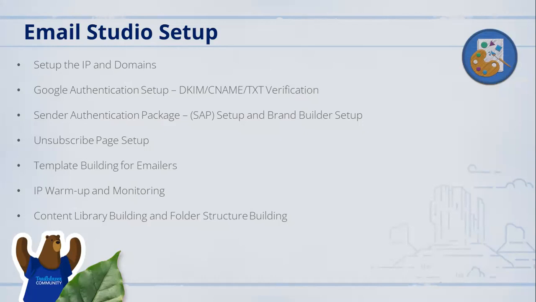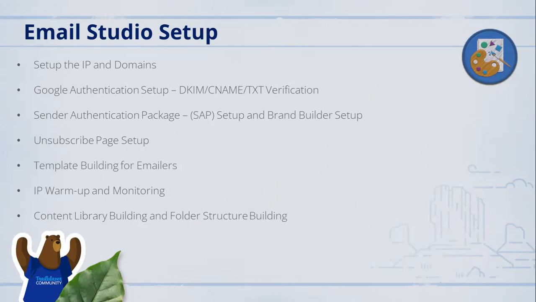Then coming to unsubscribe. As a part of the CAN-SPAM Act, it's very important that you have an unsubscribe page for users who want to unsubscribe. Since the act is very diligent with respect to managing unsubscribes, it's very important to give an easy option to your end consumers or subscribers, where they can go ahead and unsubscribe if required.